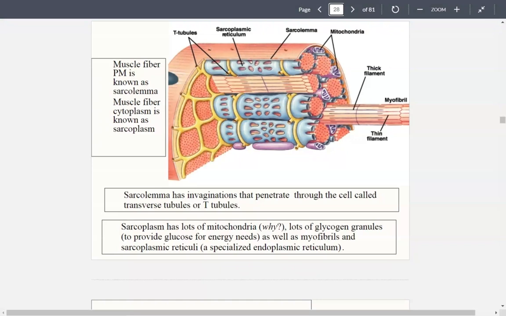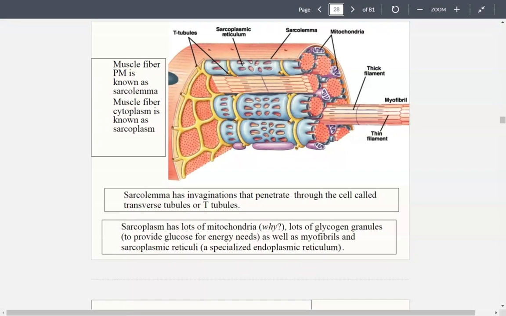Now, the sarcolemma is going to have invaginations or pouchings that penetrate through the cell, and this is going to be referred to as a transverse tubule or T-tubule. These T-tubules are going to have on either side of them some structures, and that's all going to come into play when we talk about contractions. Other things to note, a skeletal muscle cell is going to have a ton of mitochondria.